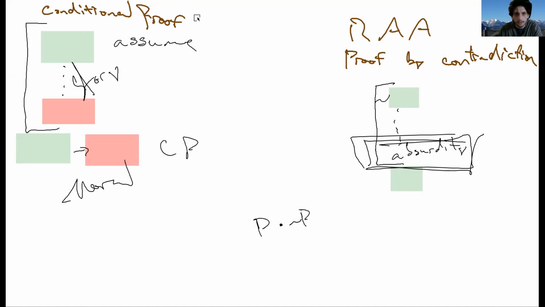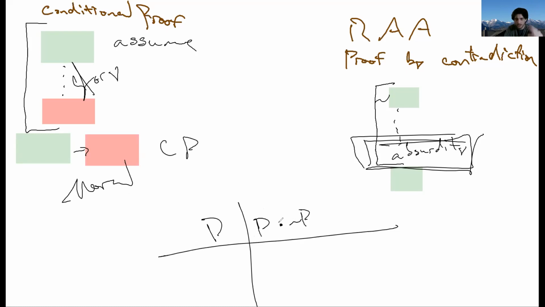Okay. So how many atomic sentences do we have? Well, we just have P actually. So this sentence is just saying P is true and it's not true. So this is what we call a contradiction.